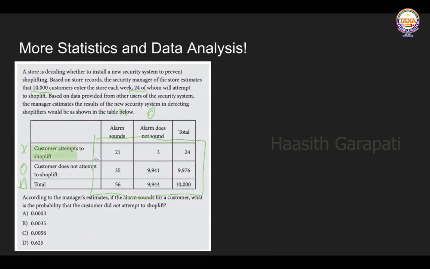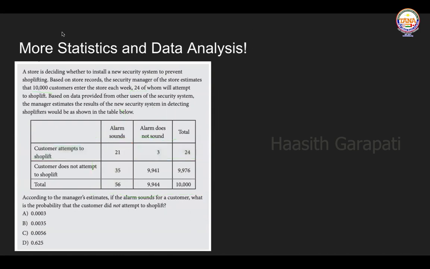You'd have to look at this category, and then you'd have to look at this category. So customer attempts to shoplift and then alarm sounds. Therefore, this is the box where they intersect. So that data is telling us that out of 10,000 customers, there's going to be 21 customers who will attempt to shoplift and have the alarm called on them.